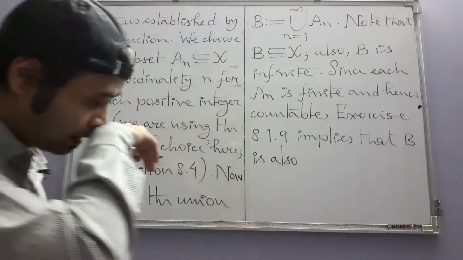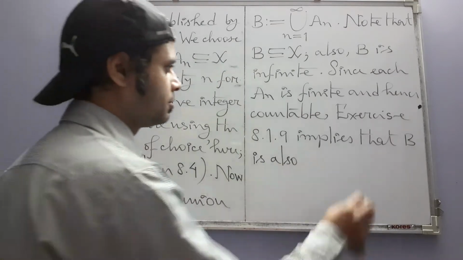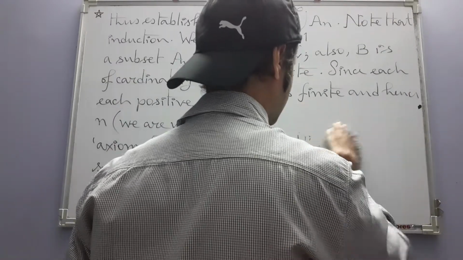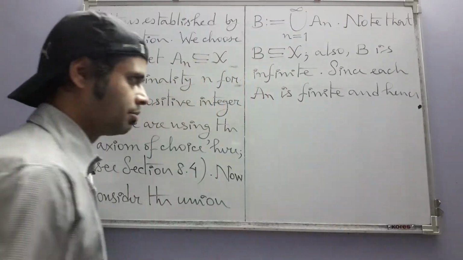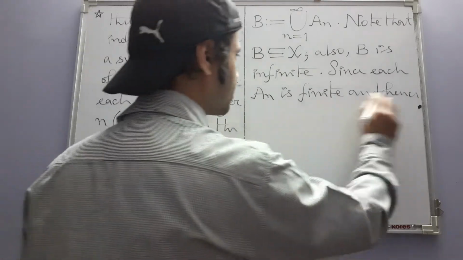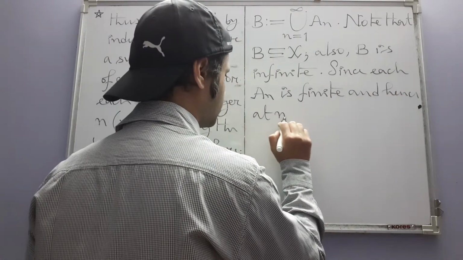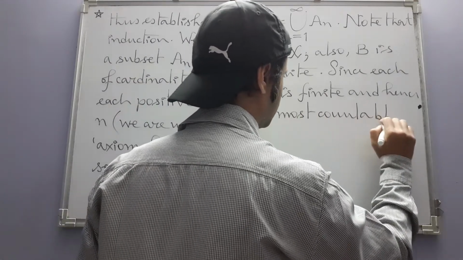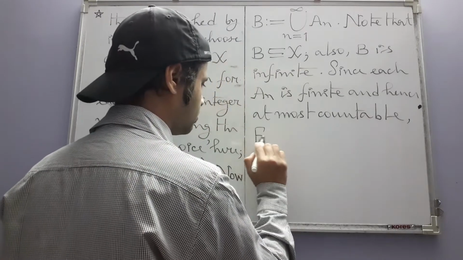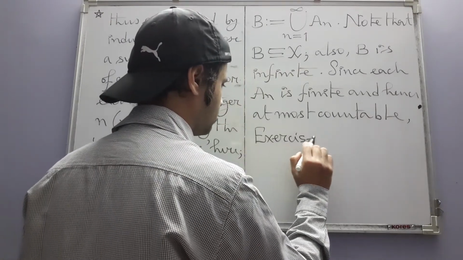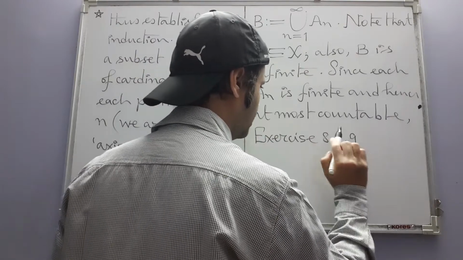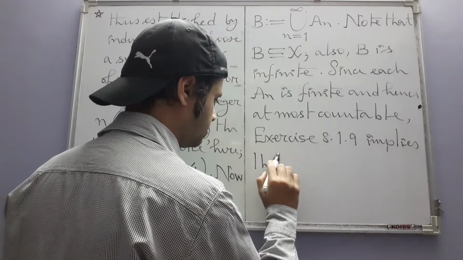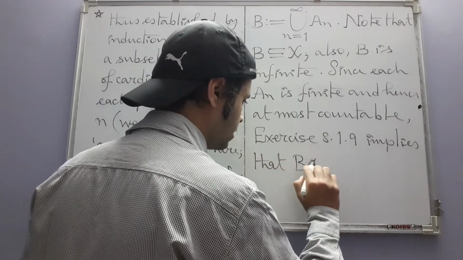Oh, okay, I cannot write countable. By countable we mean that it has a bijection with the set of natural numbers. I should write at most countable, yes. Hence exercise 819 implies that B is at most countable.